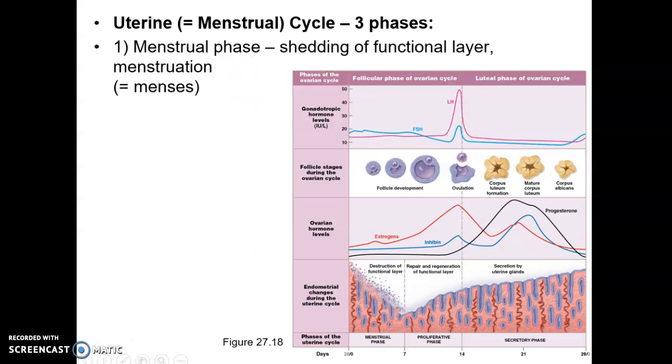The menstrual phase occurs during days 0 through 7 of the full uterine cycle. During this phase, shedding of the functional layer occurs if no pregnancy has occurred, and that's referred to as menstruation or menses.